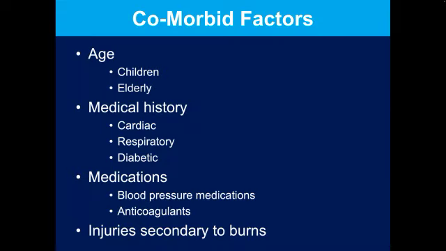Comorbid factors: reasons why these people might not survive their burns. Number one is age. Now, you think about children and elderly people, there are some commonalities here. Children have an immature respiratory system and an immature cardiac system. Also, their skin is very thin, very frail, easily damaged.